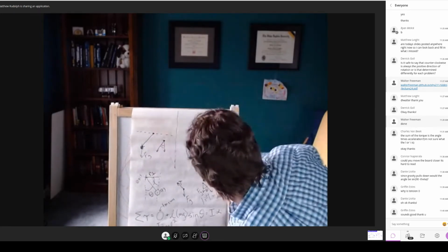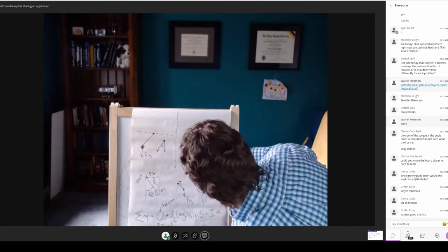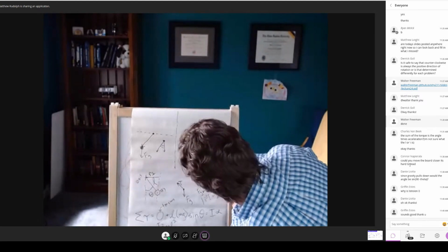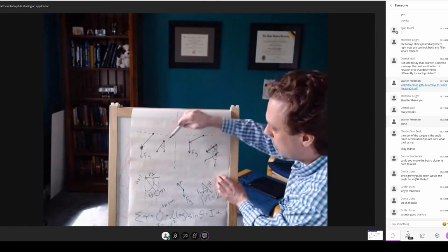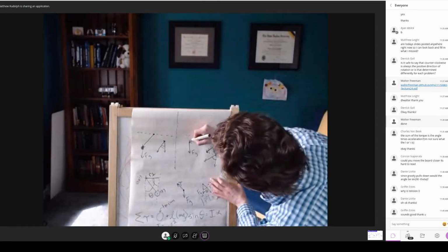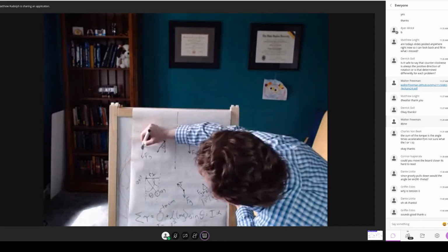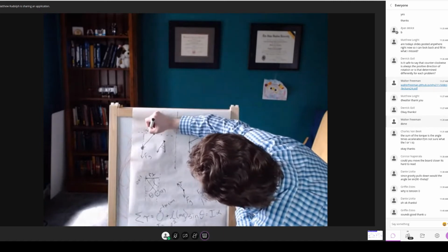Actually, I didn't do a very good job of drawing this one. Let's redo this. So in this case, you have a bigger angle between them. Or the other way to do it is to go back along the line of the gravity and figure out which distance is bigger.